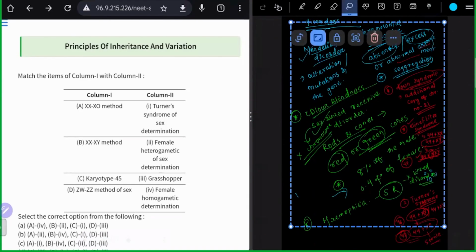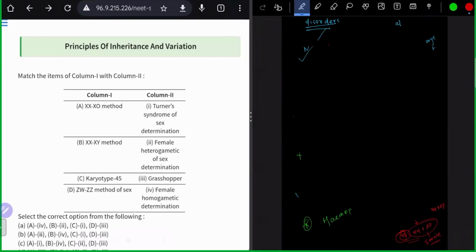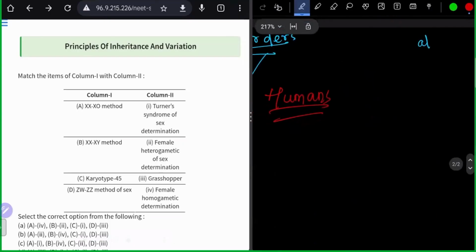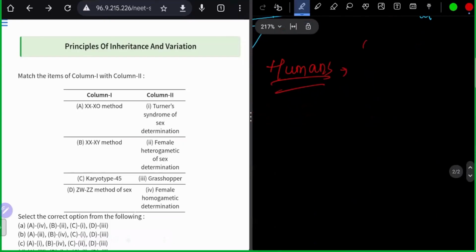Okay. In sex determination, you can see first in humans. Humans, we all know that it is male. Here I am writing female. Okay. Human have, beside autosomes, if it has X and Y sex chromosome, then it is a male. If it has two X chromosomes, then it is a female. Right?